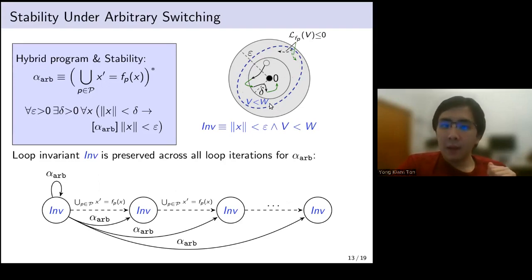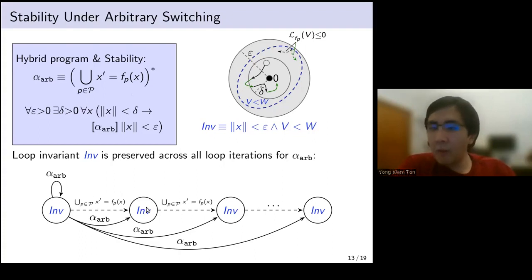That means in my initial state, I'm inside this blue region, which is the invariant. Furthermore, thanks to the conditions on the Lyapunov functions, which we know from controls, namely that the derivative is non-positive, if I run the loop body of arbitrary switching, meaning I pick one of the ODEs and run it for some duration, then I'm guaranteed to stay within that invariant. I'm staying within the blue ball.